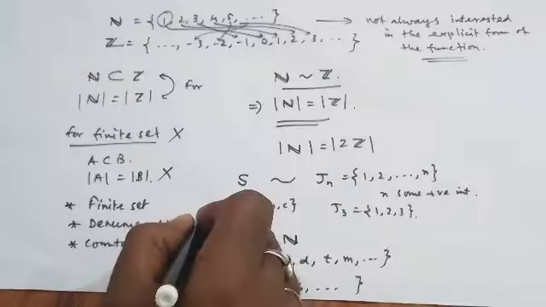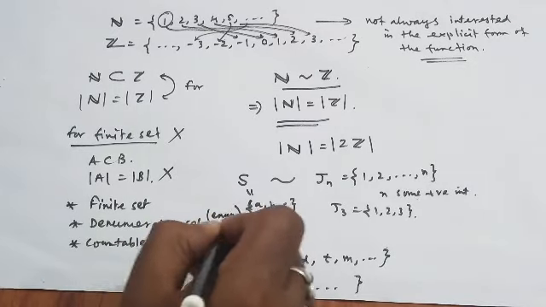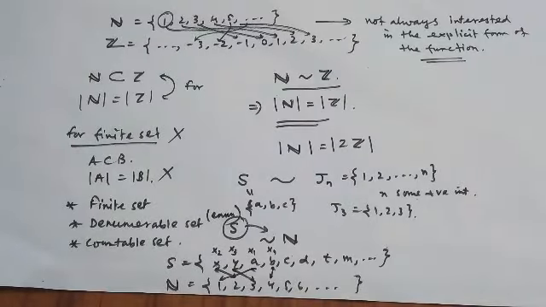Another terminology is enumerable set. So these two were finite and enumerable or denumerable sets.